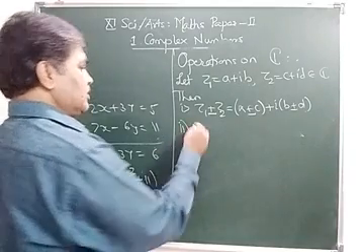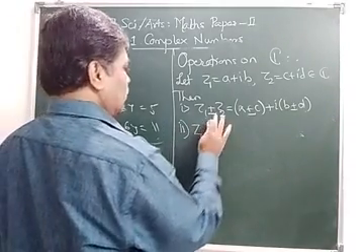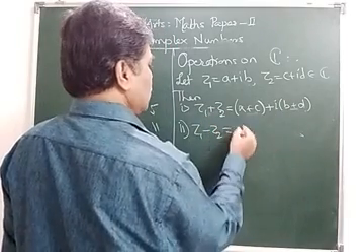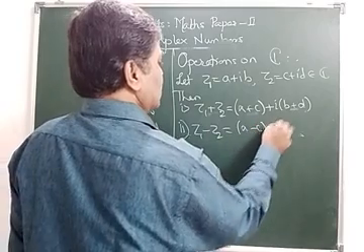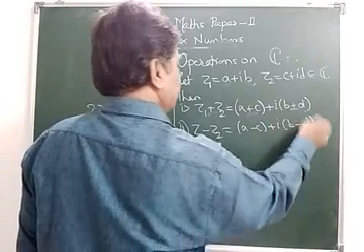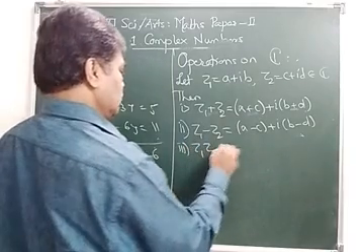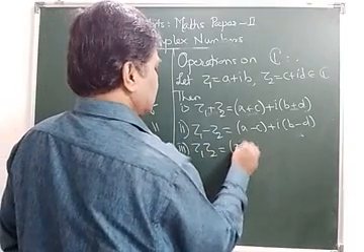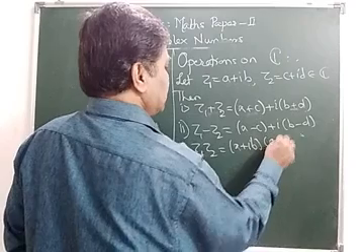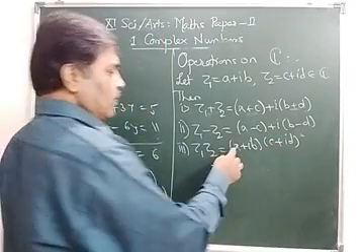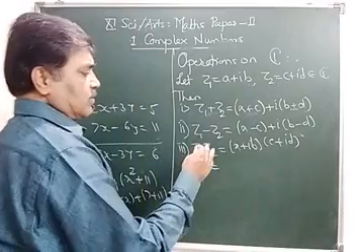Second operation, Z1 minus Z2 is equal to A minus C plus i times B minus D. Third operation, Z1 Z2, A plus iB into C plus iD. So while taking the product, what you are doing?